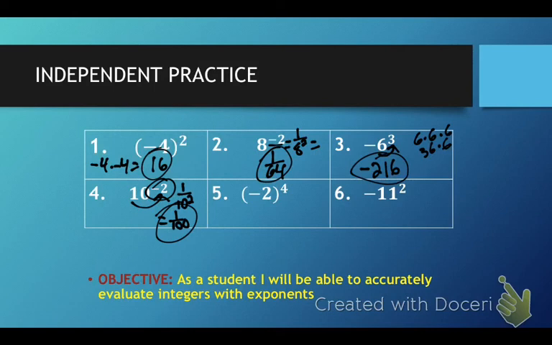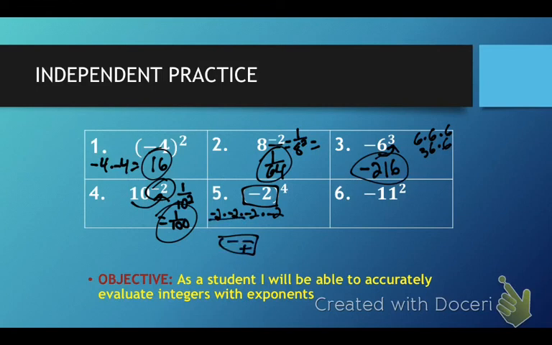All right, number 5, negative 2 to the 4th power. Remember that negative 2 is in parentheses. So that's the same thing as negative 2 times negative 2 times negative 2 times negative 2. We're going to have to use Pizza Steve kind of a lot here. Okay, so here we go.